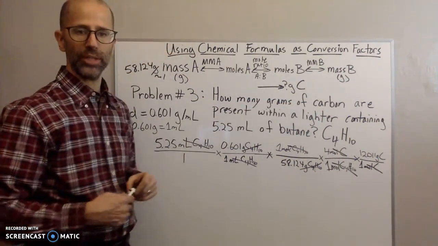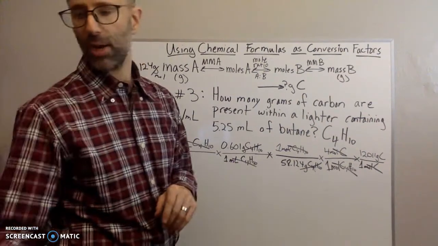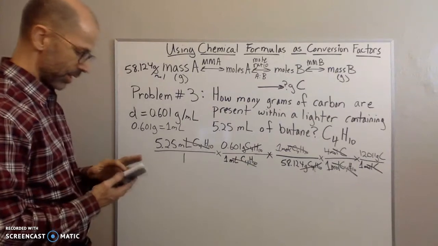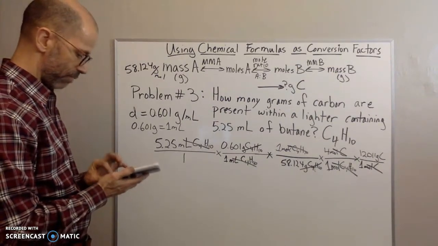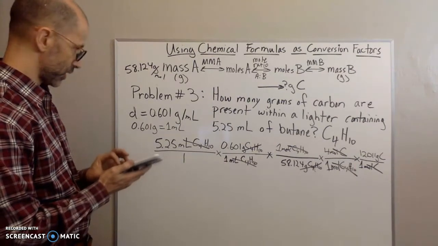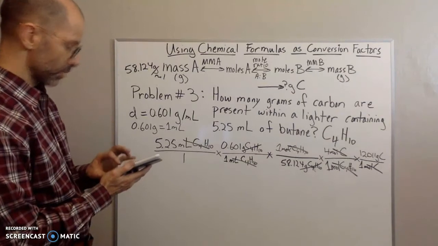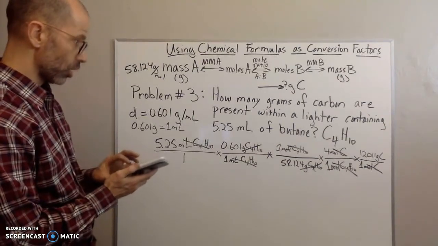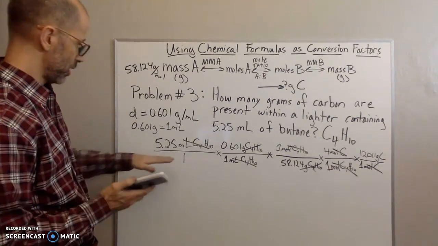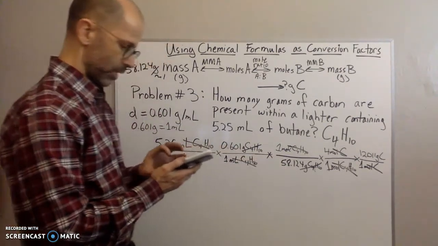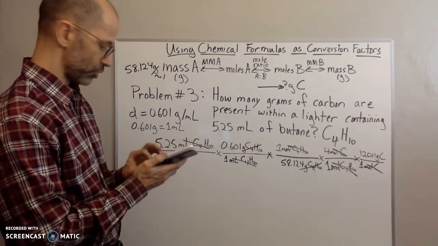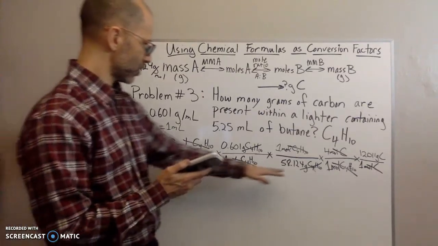So now at this point, it's just calculation. All I have to do is multiply across the top and divide by the bottom. So I have 5.25 times 0.601 times 4 times 12.011, and I'm going to divide now by 58.124, and the rest are ones.